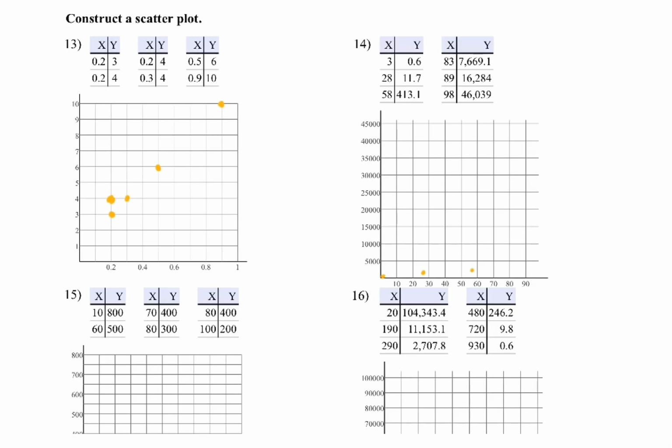These are all pretty low till we get to that (83, 7,000), which would be slightly higher. (89, 16,000) would be up here-ish, and (98, 46,000) would be clear up here. Now, when it comes to the test, you are actually going to be able to get exact points because you won't have to draw it by hand. You'll just be choosing.